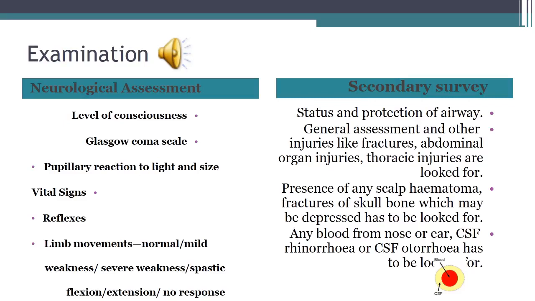it is important to know the state of the airway and its protection, and to make a general assessment of other injuries, looking for any associated injuries like abdominal organ injury, thoracic injury, fractures of the upper and lower limbs, any scalp hematoma, and fractures of the skull bone, which may be depressed.